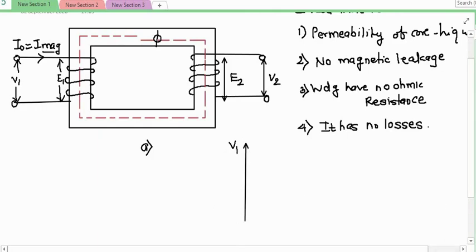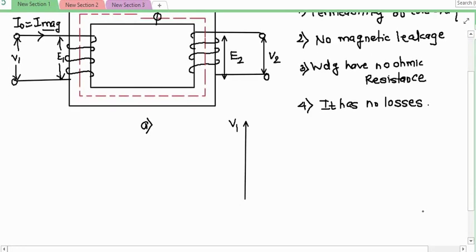When I apply voltage across the primary winding, a very small current I magnetizing will flow through the primary winding, so that the flux phi will be established by it. As the primary winding has no ohmic resistance, that current will lag the voltage by 90 degrees.